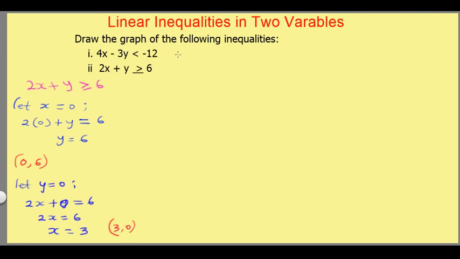So we have the points that we want to plot. The points are 0, 6 and point 3, 0. So this is what we are going to interpret on the graph.